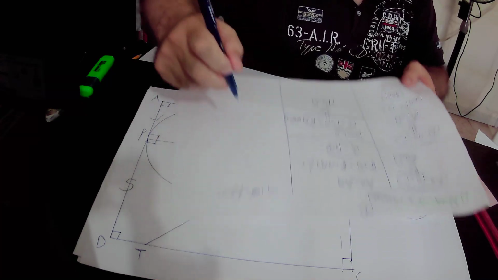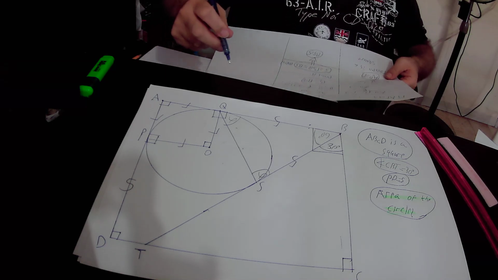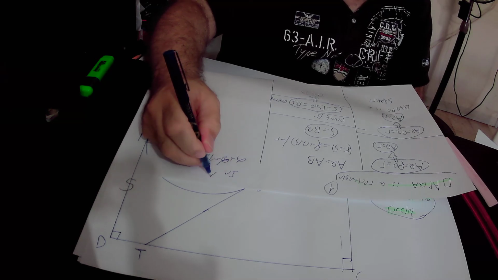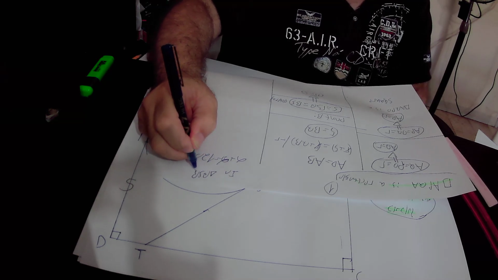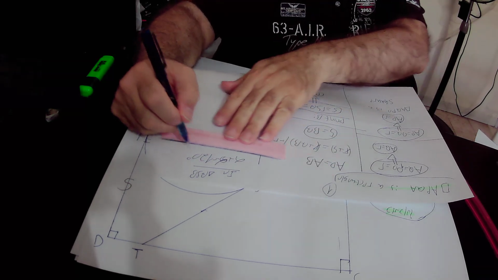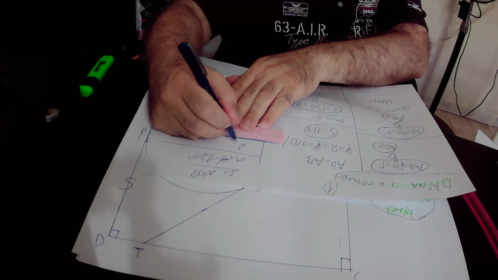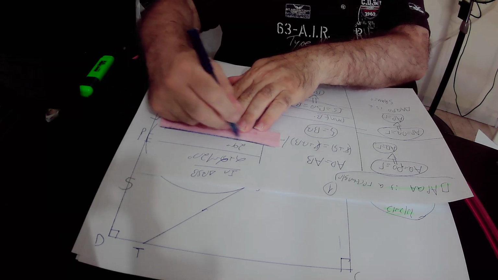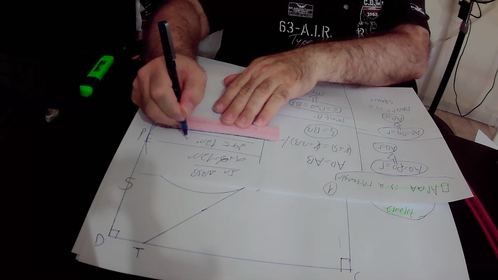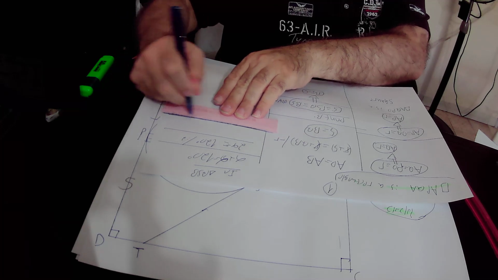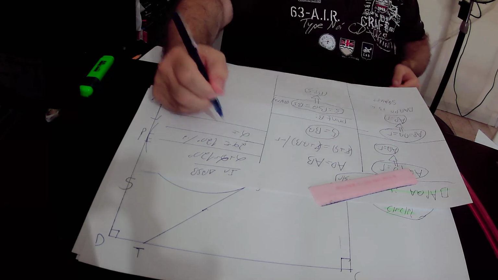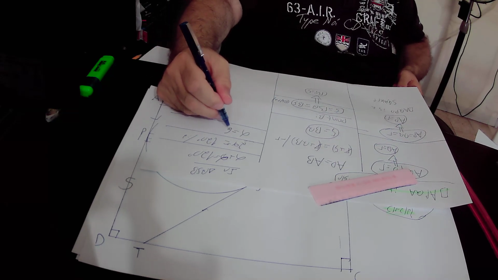In triangle QSB, alpha plus alpha is 2 alpha, so 2 alpha equals 120 degrees. Here we divide this equation by 2 and we will get that alpha equals 120 degrees over 2, which is 60 degrees.